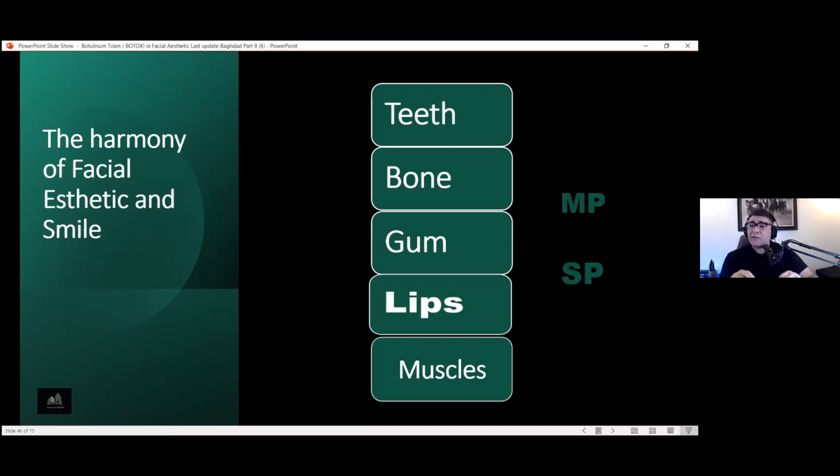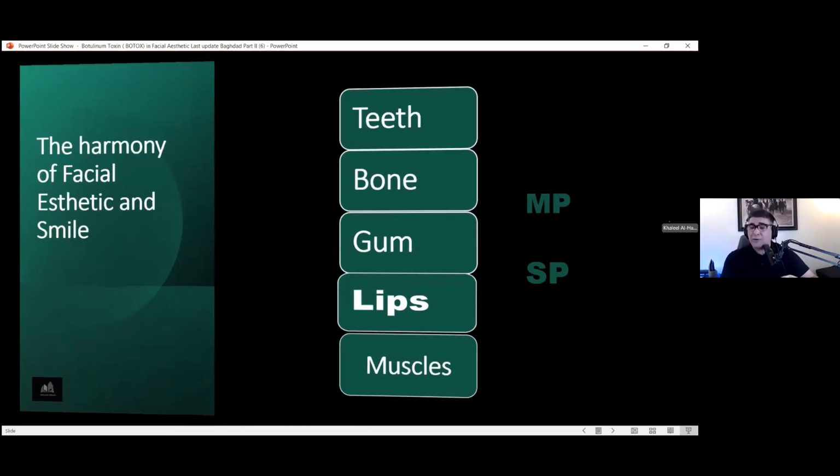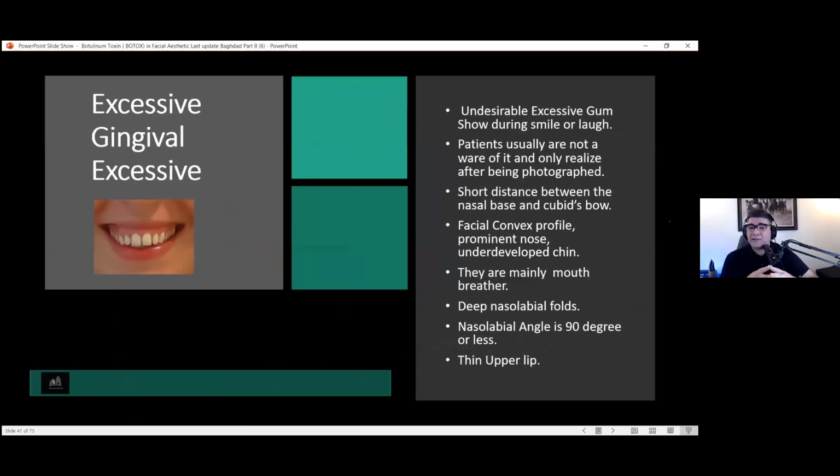So the same thing you have to check with your gummy smile patient. From the patient's words, what will the patient tell you when they come with a gummy smile? You're going to see undesirable exposure of the gingival tissue, shortness of upper lip. Sometimes, or most of the time, those patients have syndromic signs and symptoms.